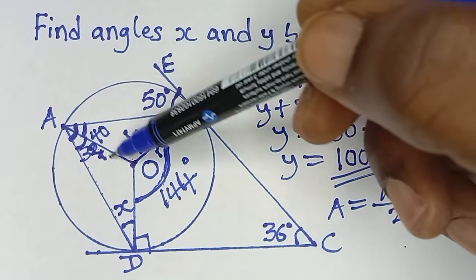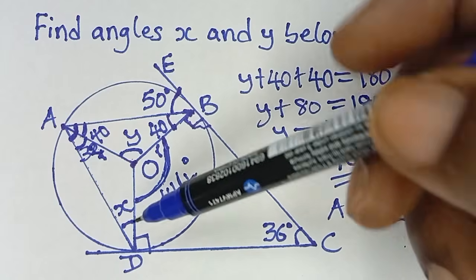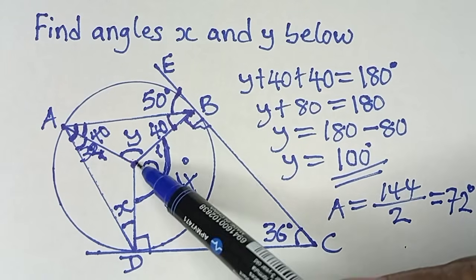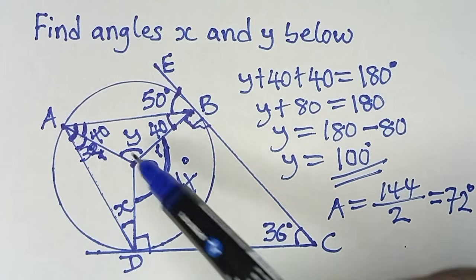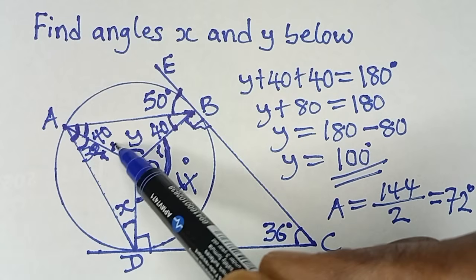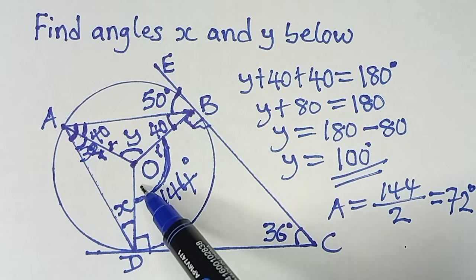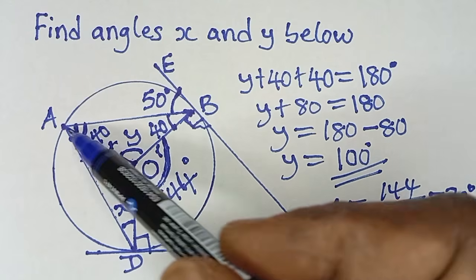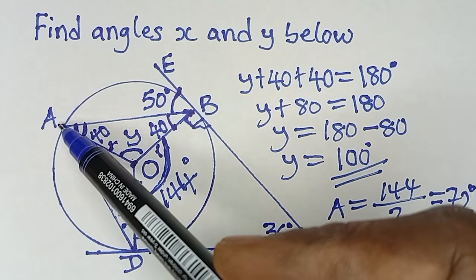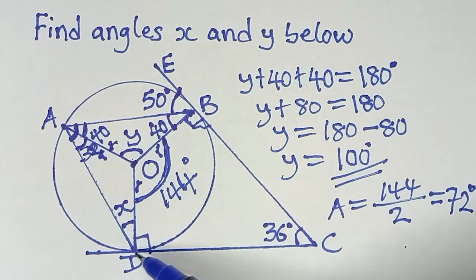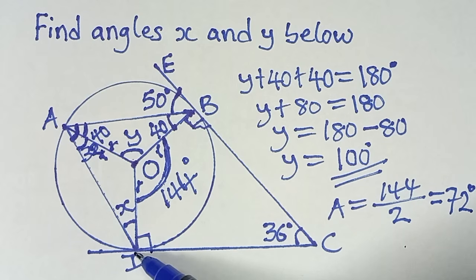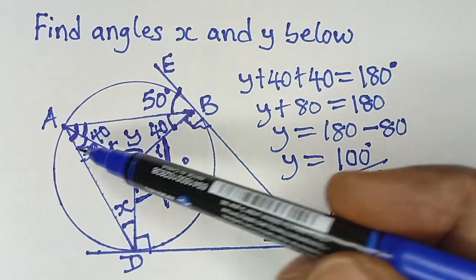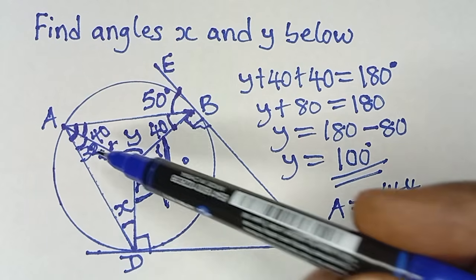Then this triangle is also an isosceles triangle. Hope you are seeing it. This triangle is an isosceles triangle because this line is the radius of the circle and this line is also the radius of the circle. So that means this triangle AOD is an isosceles triangle, meaning that the base angles are equal.